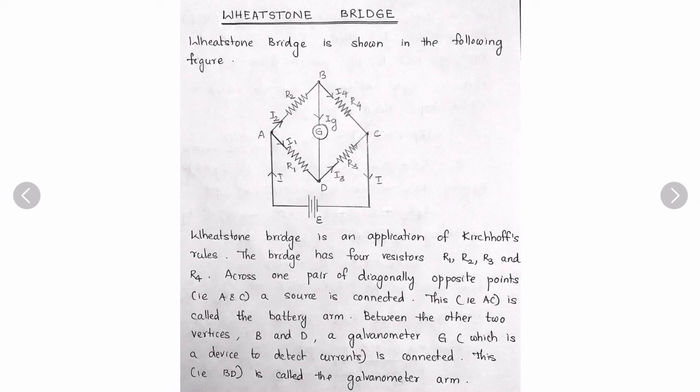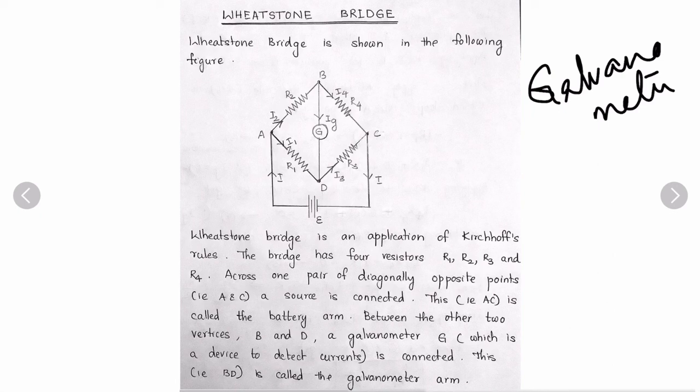In the same way, to know the presence of current, we use a meter called a galvanometer. The galvanometer is connected between the ends B and D. So BD is called the galvanometer arm.